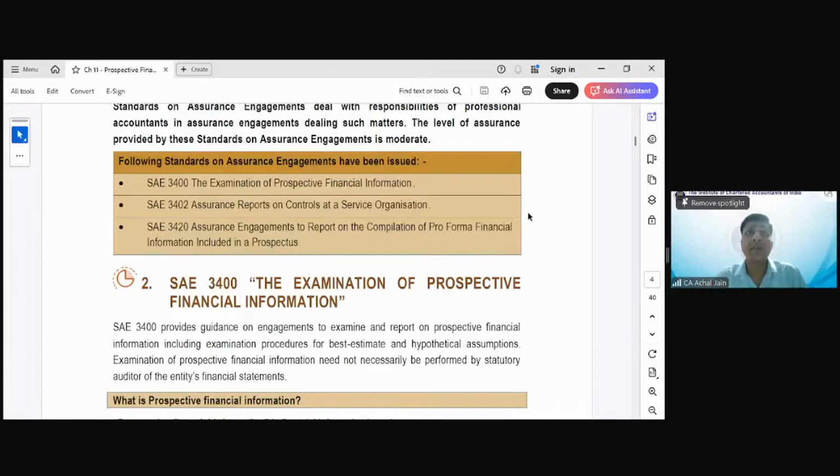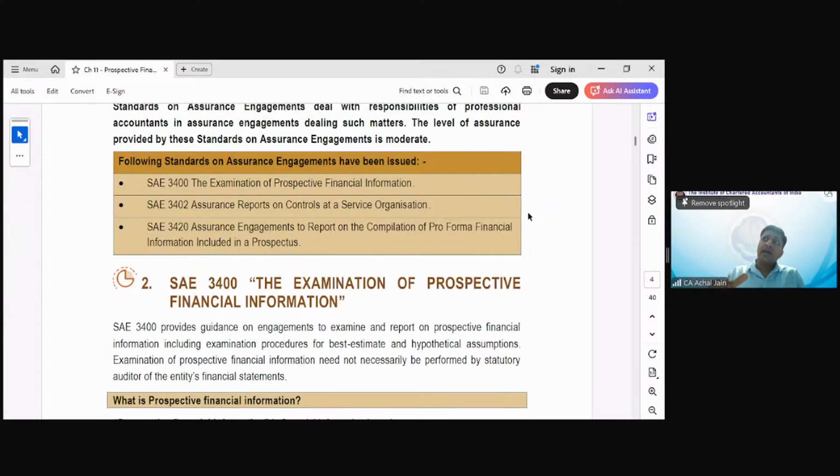Now, let's suppose 25-26 is going on, and the management prepares the financial information for 25-26. Can that be prepared? Answer is yes. Management may assume, because this will not be actual. So what do they assume?